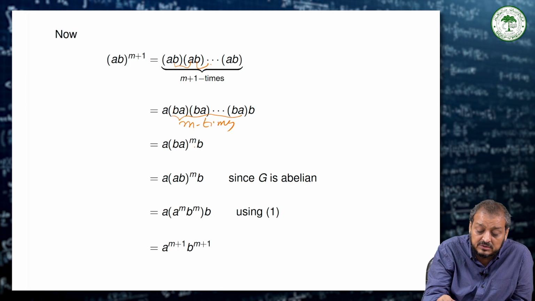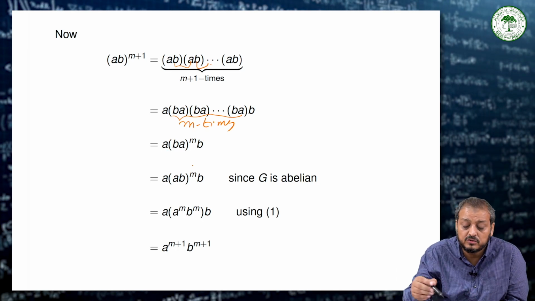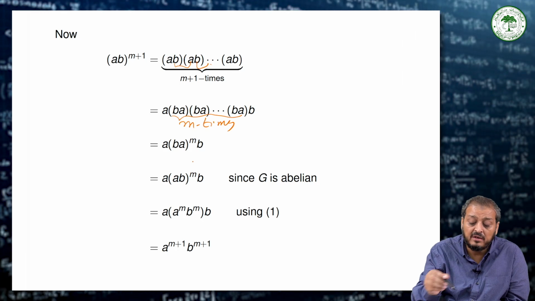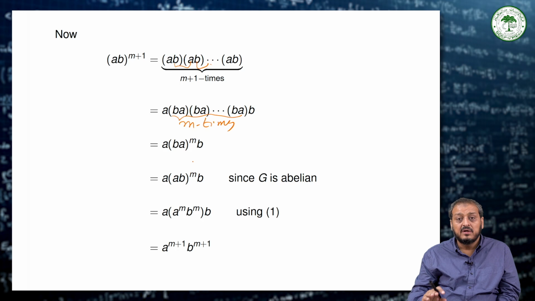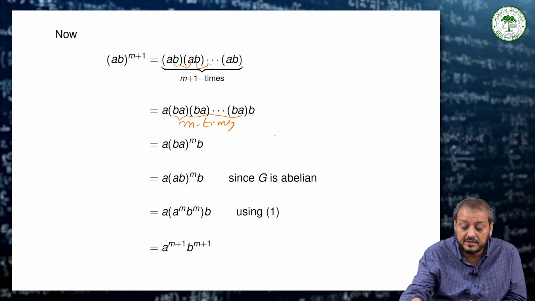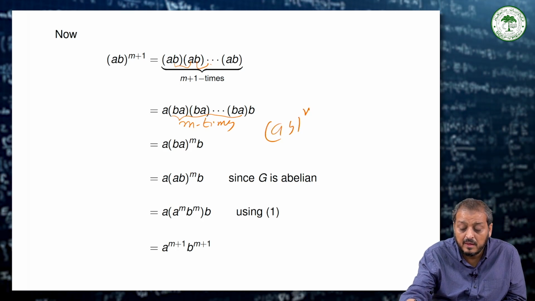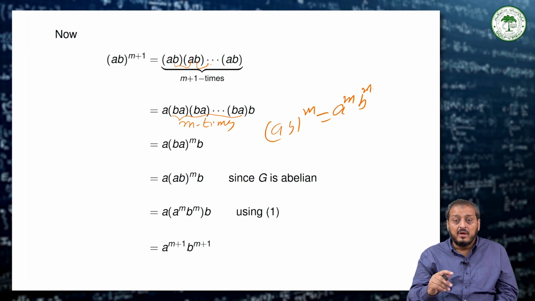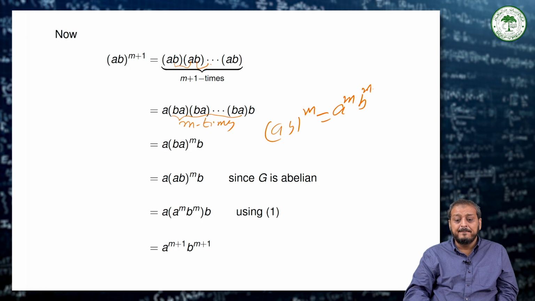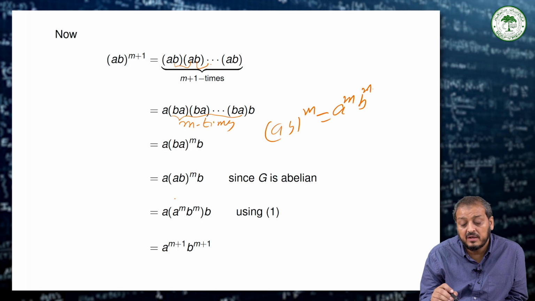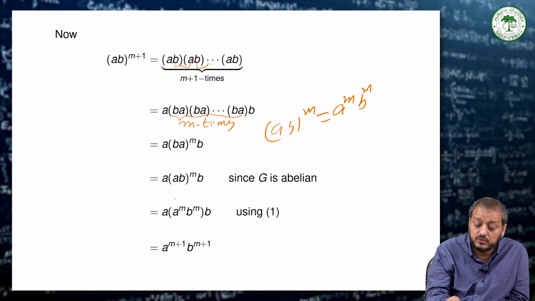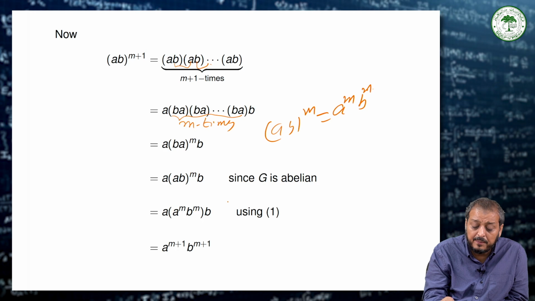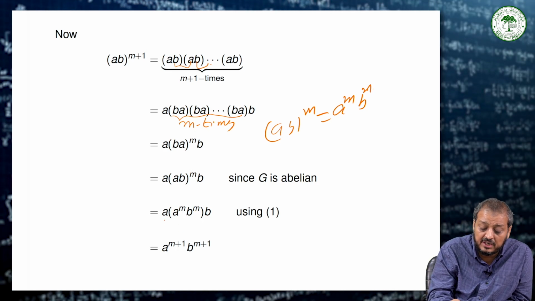And because the group is abelian, AB is equal to BA, so (AB)^m, and then by using this condition, we assume that (AB)^m is equal to A^m B^m. So the result is true for n = m. By using this condition, we write it in the form of A^m B^m, and now we again use the associativity here.